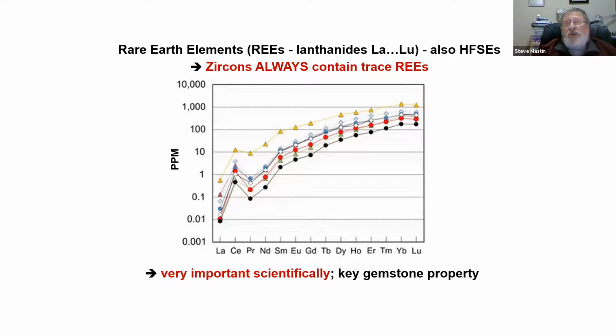And that's also extremely important scientifically. Again, I'm not going to talk about that aspect, but as you'll see later, they're also key to certain gem properties of zircon cut stones.